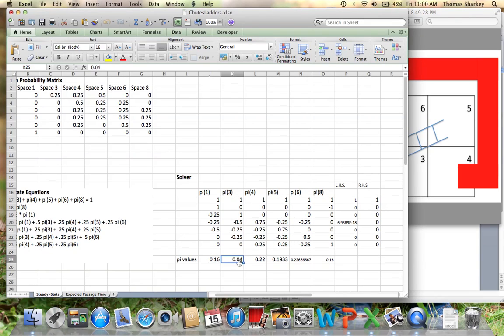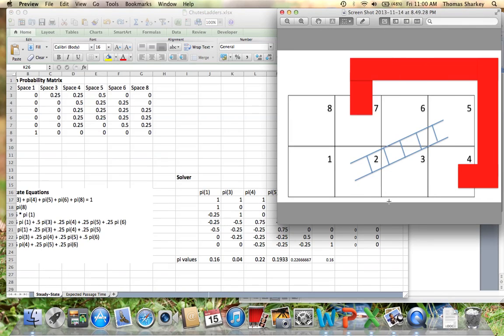Another observation to make along these times: we don't spend too much time on space 3. One reason is that once we reach space 3, there's no way to return except for finishing the game. For spaces 4, 5, and 6, since we have the chute on space 7, we have a chance of repeating a number of steps if we hit the 7 from either 4, 5, or 6.